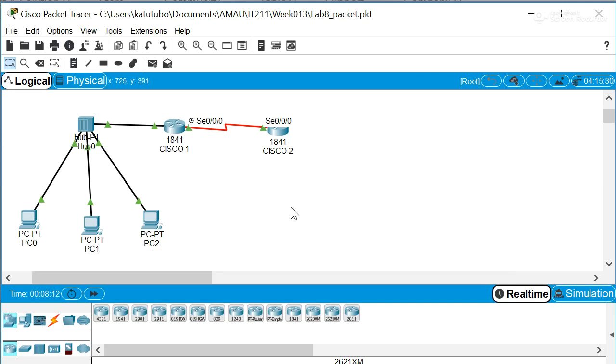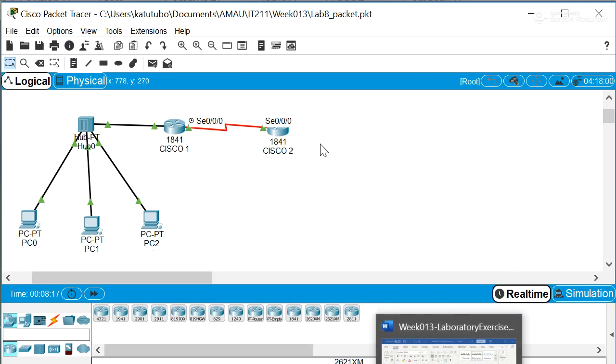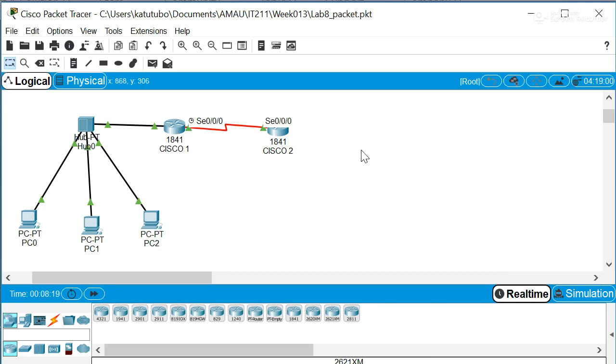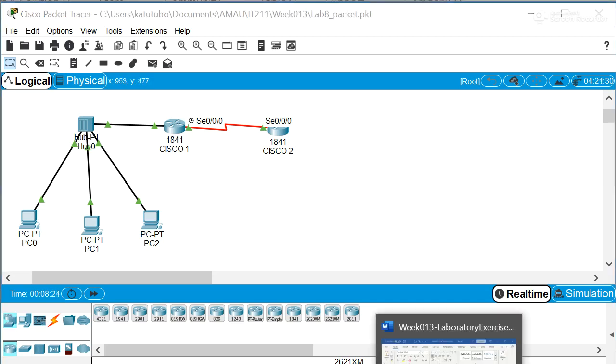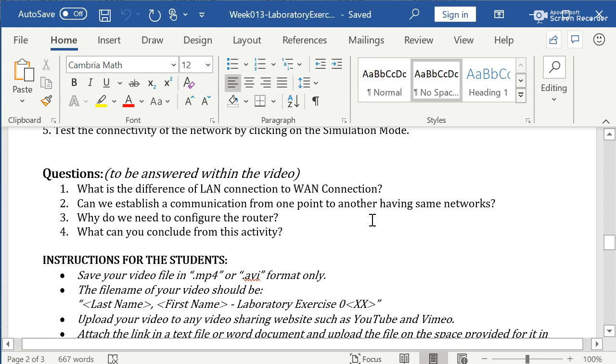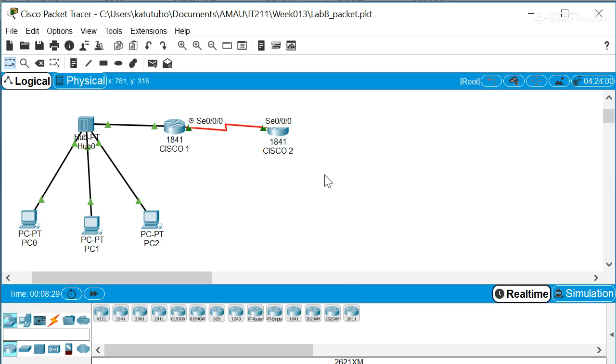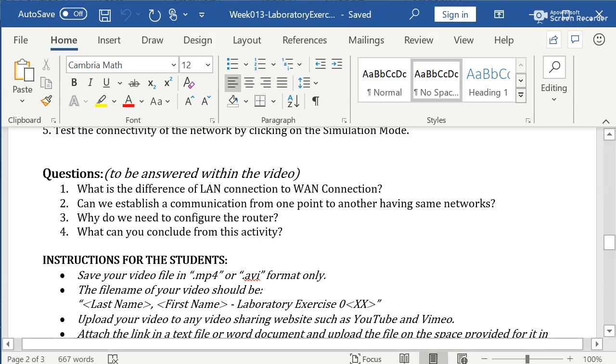So I don't think it's possible to have the same network on the Cisco 2 side. However, I think it's possible to have another LAN network with the same connection. Only that this PC cannot send to that same IP address on the other side. So that's the only problem.